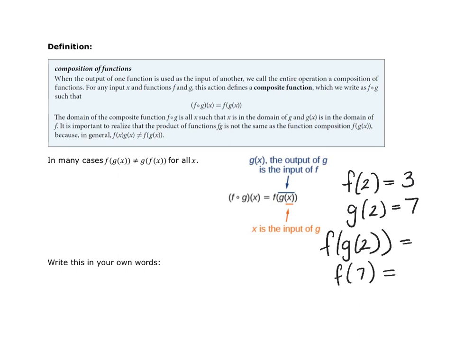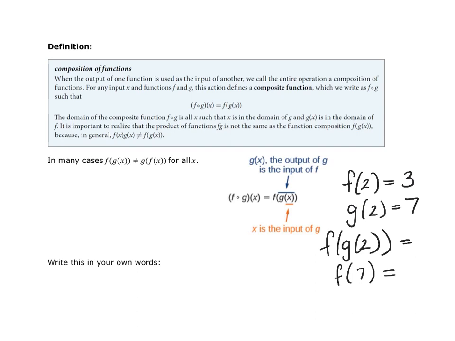So notice how my g of 2 is what I put in, and I get an answer for that. I get the answer for g of 2, and that answer becomes the domain of what I put in for f. So what we're doing is we're putting one function inside of the other, and the output of my inner function becomes the domain of my outer function.